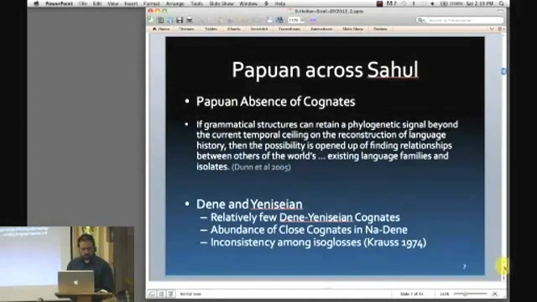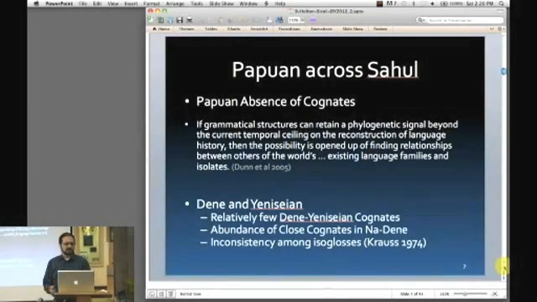Now with Dene and Yeniseian, there are also relatively few Dene-Yeniseian cognates. Vajda has identified a number of these, but in the picture of reconstructing a linguistic family or posing a relationship, there are still rather few. Within Na-Dene, the situation is different.